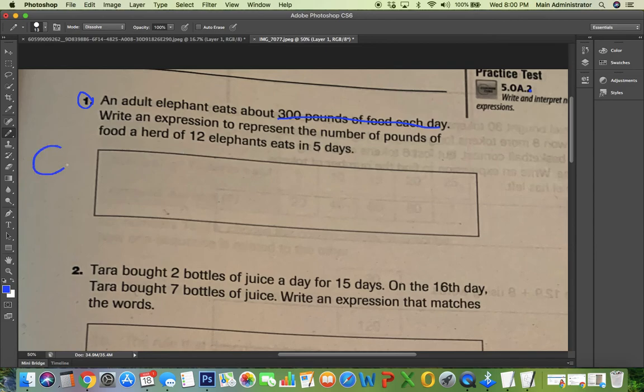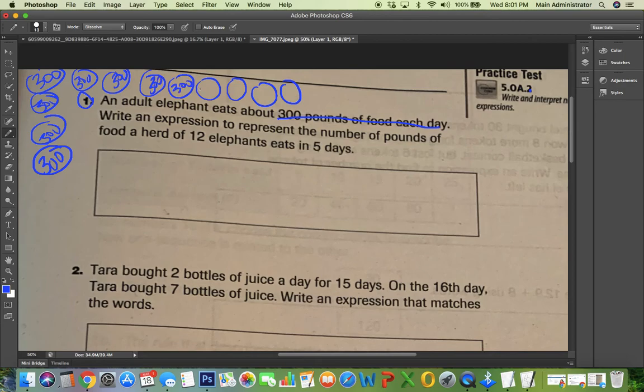All right. If one elephant eats 300 pounds of food in 1 day, and I've got 12 of these, 1, 2, 3, 4, 5, 6, 7, 8, 9, 10, 11, 12, each eating 300 pounds of food a day, then I would take all of those elephants, which is 12 elephants eating 300 pounds of food a day.